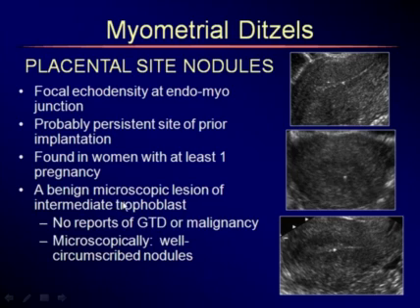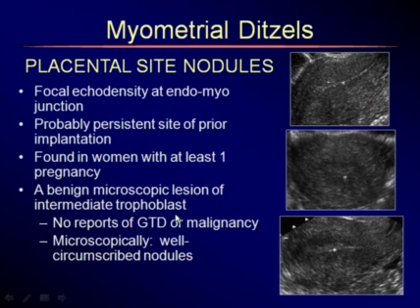If you look under the microscope, it's a benign lesion of intermediate trophoblast. Now, as soon as I say trophoblast, you're not supposed to think of potential for gestational trophoblastic disease or malignancy or anything like that. This is just how pathologists classify it.